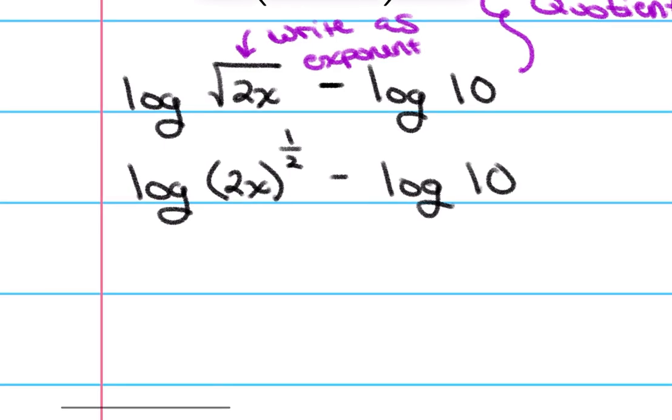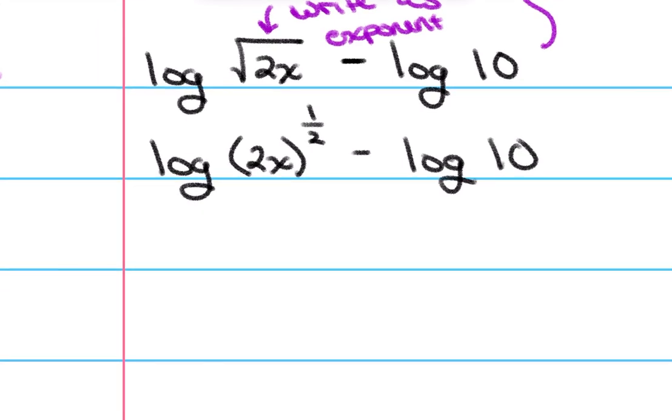So then what I'm going to do is, again, use another rule of exponents, and I'm going to share this 1/2 with everything in my argument so that everything gets the power, just because everything was under the radical. Again, rules of exponents. So we've got the log of 2 to the 1/2 power times x to the 1/2 power.